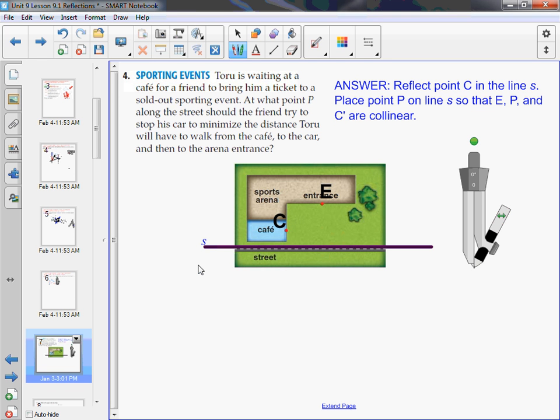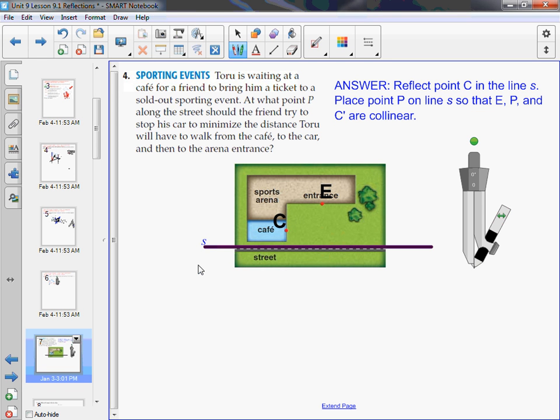Since he's at the cafe, I made the entrance to the cafe point C. If I reflect point C in line S, S for street, so the edge of the street is a line, and then I want to put point P on that line S, the line of reflection, so that E, P, and C prime are collinear.